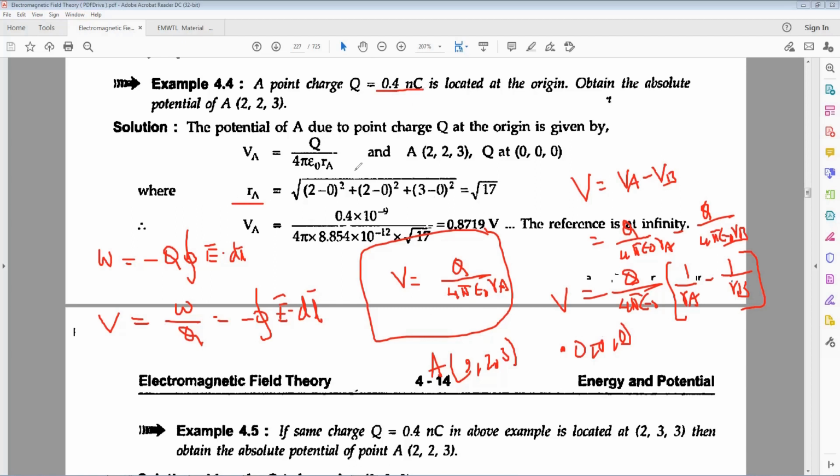Substituting Q, 0.4 nanocoulombs, and 4 pi times 8.854 into 10 to the power of minus 12 under root of 17. Got it, my distance. The relation between work done and the potential is V equal to work done per unit charge, which is minus integral E bar dot dl. The potential of a point charge is Q by 4 pi epsilon naught R.